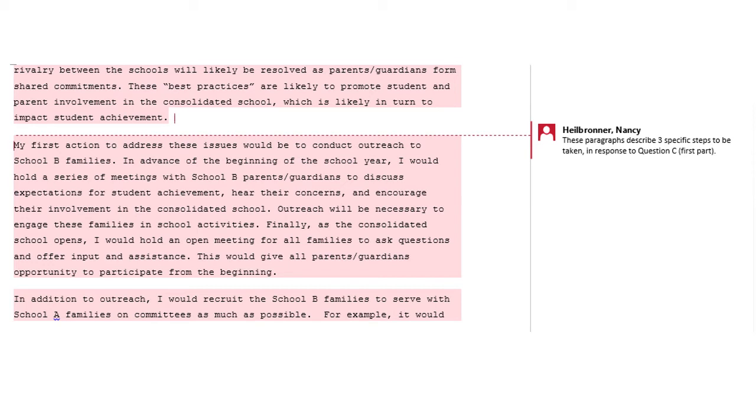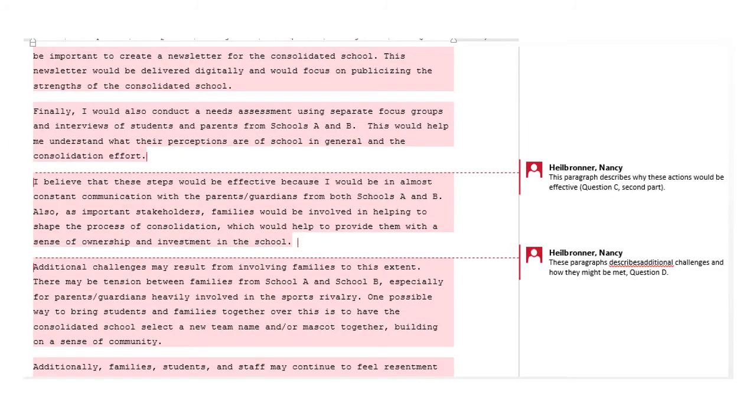The next paragraph, in addition to outreach, I will recruit School B families to serve with School A families on committees. And we go on. Finally, I would also conduct a needs assessment using separate focus groups and interviews of students and parents from schools A and B. So they're going to use a little bit of research, similar to the way we've done in class.